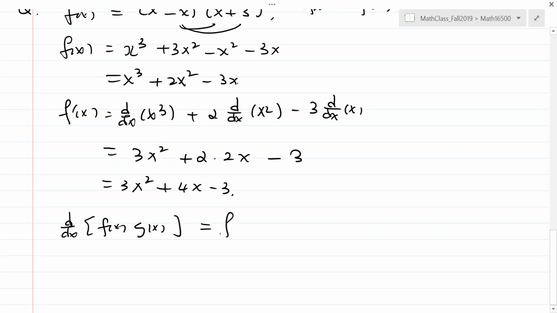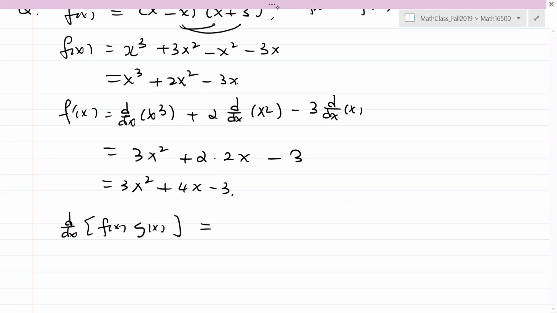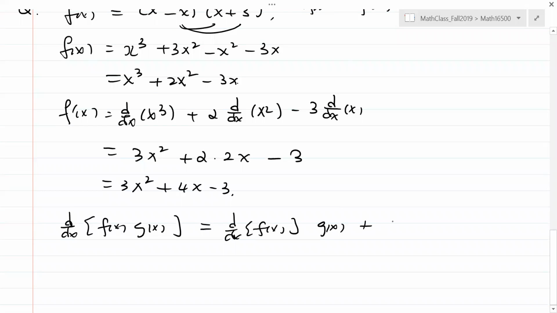You have to differentiate the first function, let's still use d over dx, the same notation, and copy the second function, then you add a term. So when you differentiate the product of two functions, you get two terms. We can verify this using the definition of the derivative, no problem.